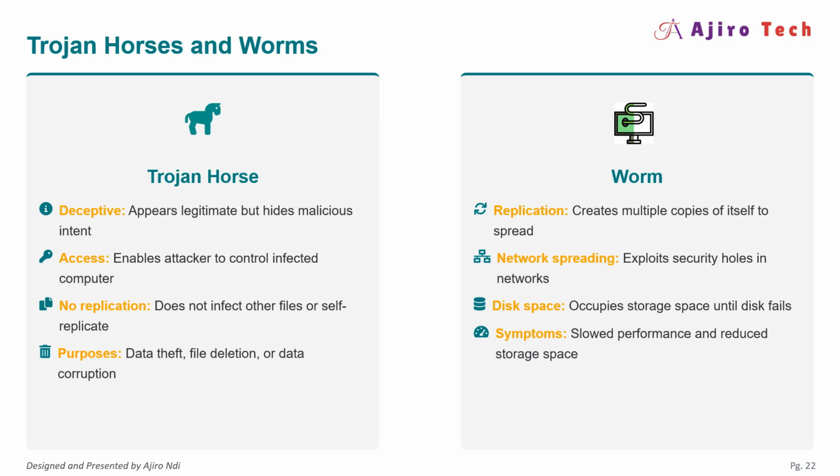So these Greek soldiers were trying to penetrate the city of Troy, but they couldn't do it because the wall was so thick. So what they did was that they hid inside a wooden horse and deceived the Trojans, right? The city was Troy, and the Trojans were deceived into thinking it was a peace offering from the Greeks.